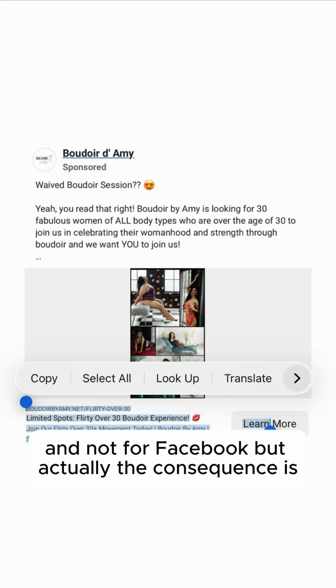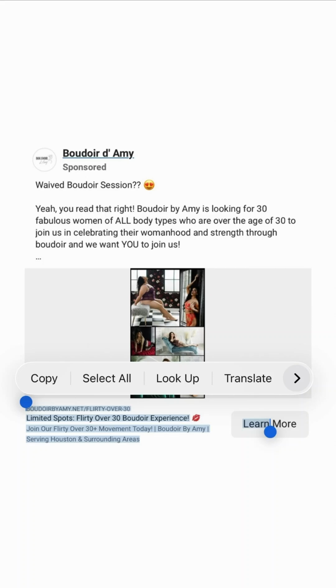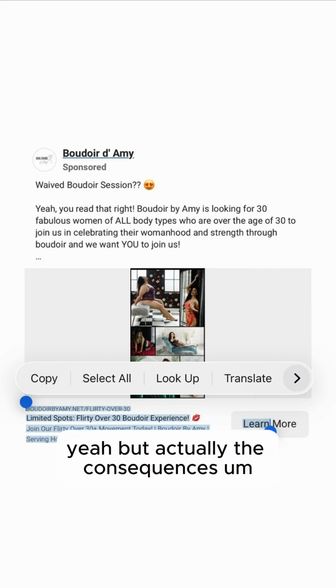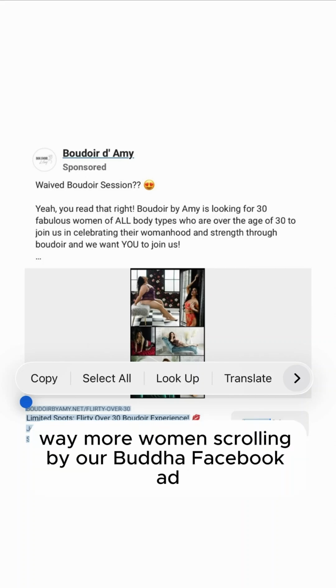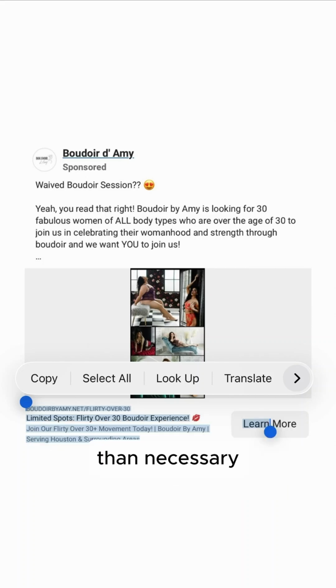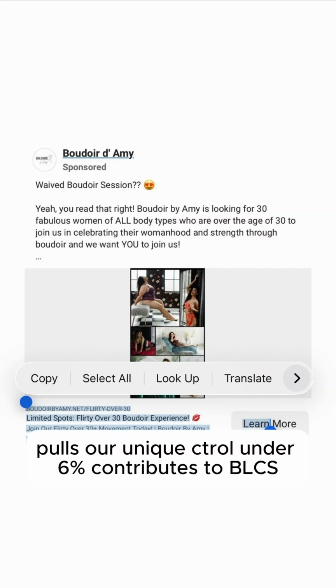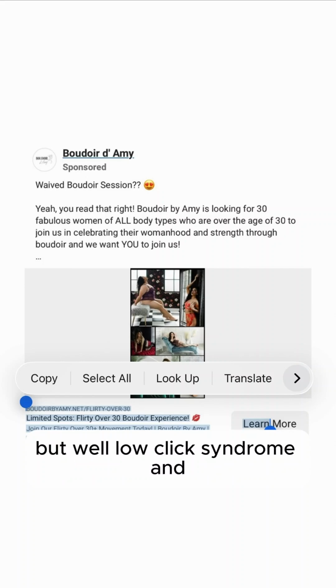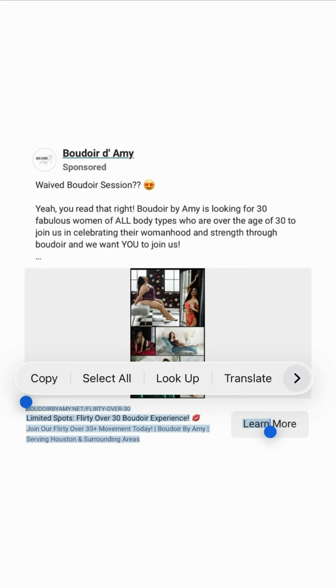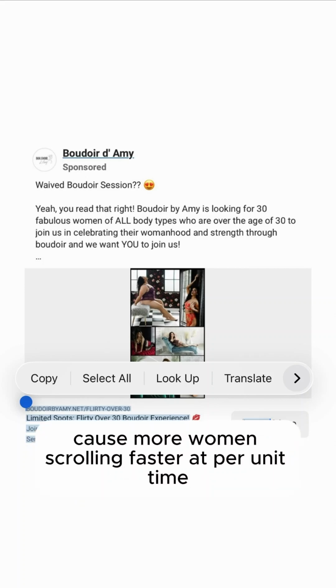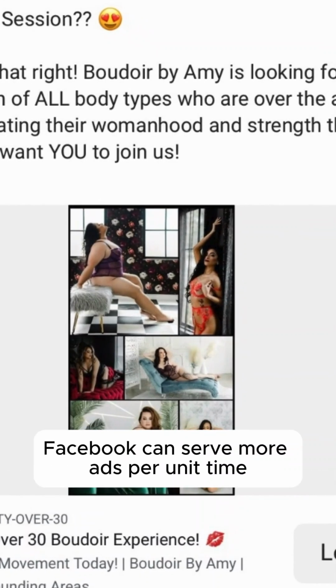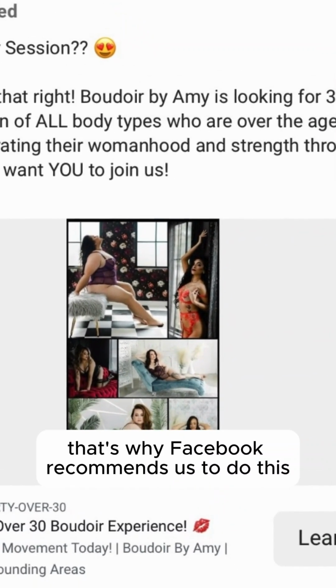But actually the consequence is way more women scrolling by our Boudoir Facebook ad than necessary, which pulls our unique CTR all under 6%, contributes to BLCS, Boudoir low click syndrome, and Facebook actually makes more money per unit time from this because more women are scrolling faster, so Facebook can serve more ads per unit time. That's why Facebook recommends us to do this.